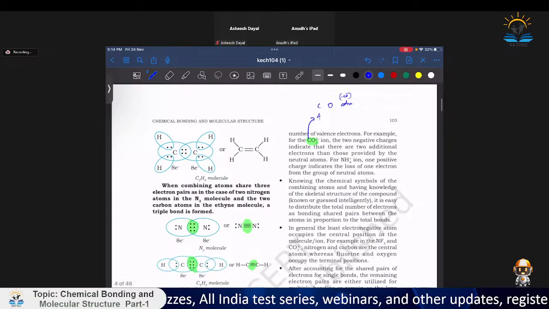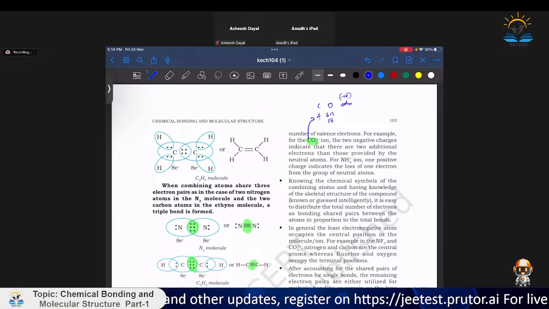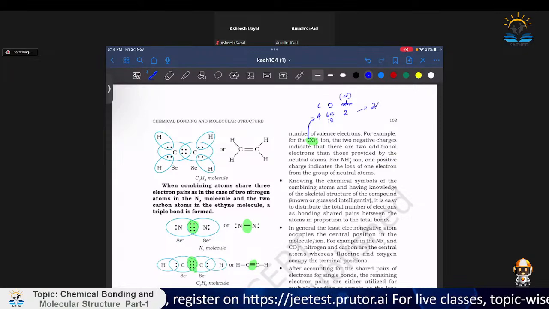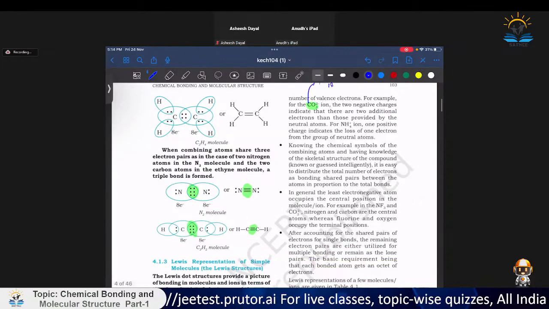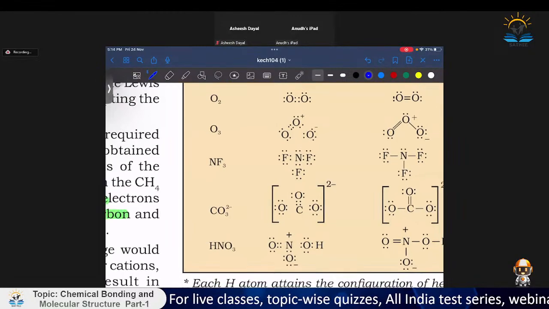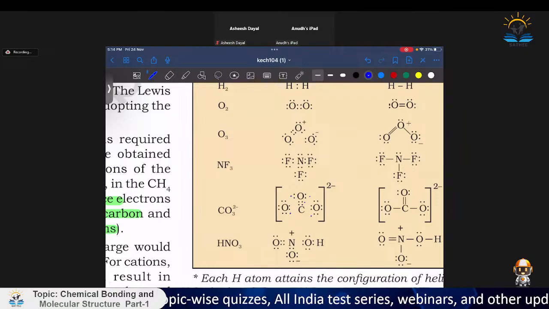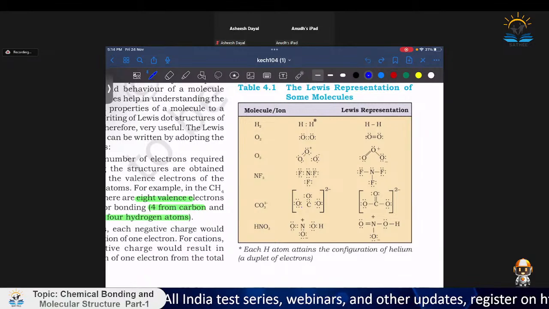Each oxygen gives about 6, and we have 3 oxygens, so 3 times 6 is 18. And we have a charge of -2, which indicates 2 extra electrons. In total we have 24 valence shell electrons for a carbonate ion. We can check: 4 plus 18 is 22, plus 2 is 24. This is how you have to account for the charges.